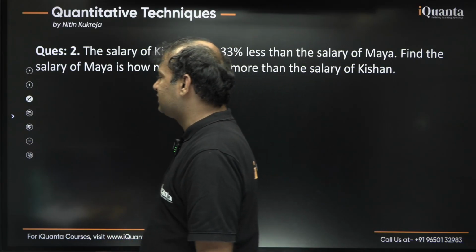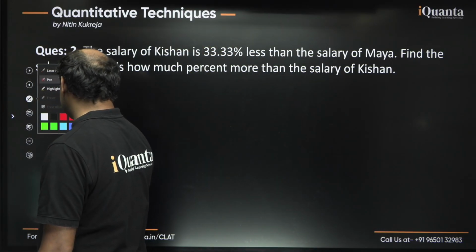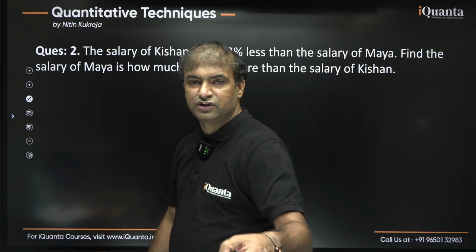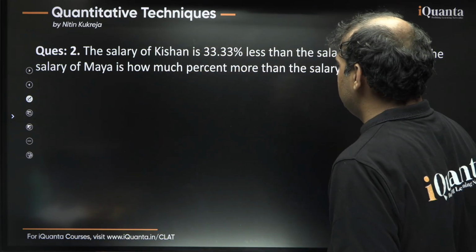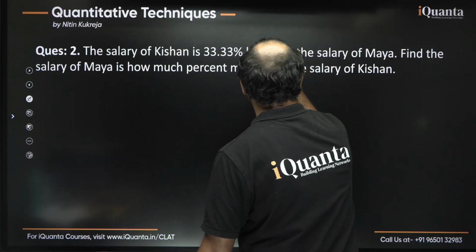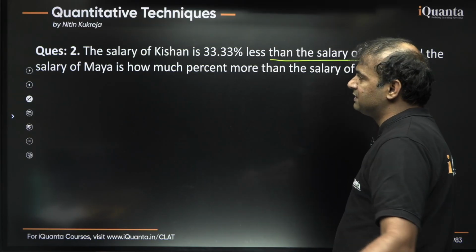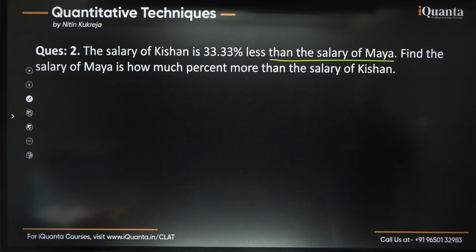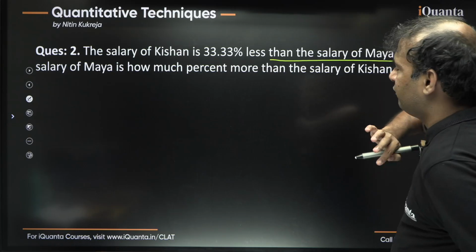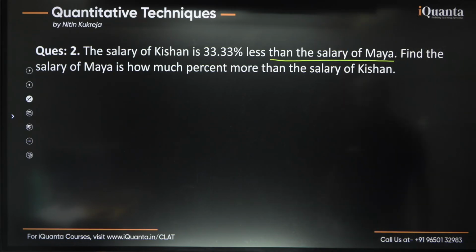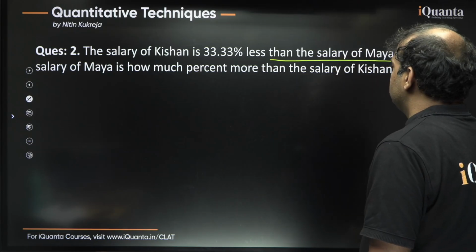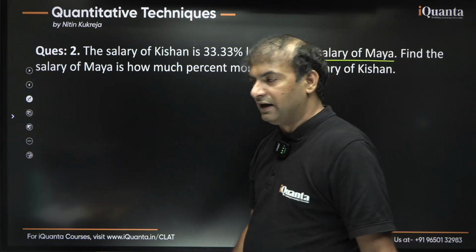First of all, let's understand, in both the percentage changes, which is the initial value and which is the final value. In the first change, they are saying that the salary of Kishan is 33.33% less than the salary of Maya, right? Less than, simple. So "then" is written before the term salary of Maya. So in the first case, the salary of Maya should be the initial value, all right?